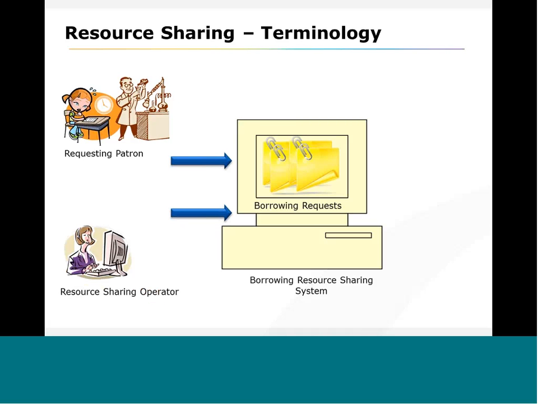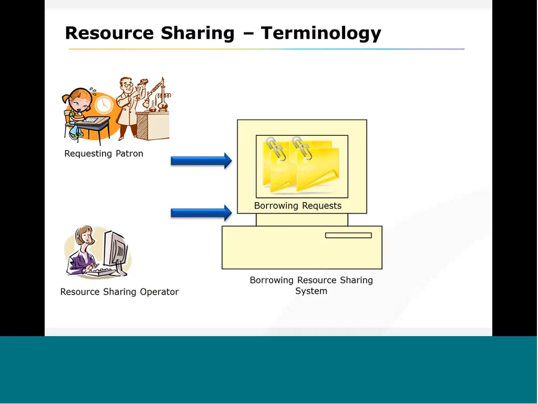Interacting with the system is also a resource sharing operator. The resource sharing operator is the operator that takes care of the request, makes sure the request is processed correctly, manages situations where something goes wrong with the request.